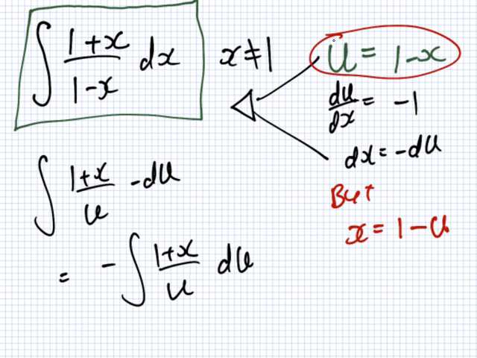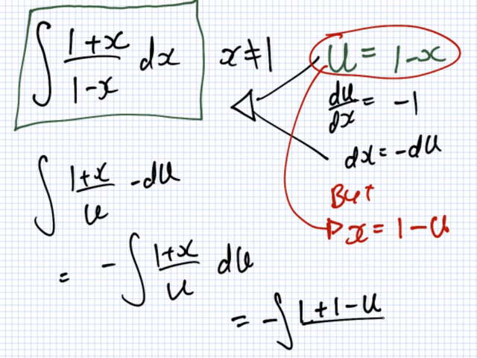From here, I can say this. X is 1 minus u. So I can change this into integrate 1 plus 1 minus u over u du.